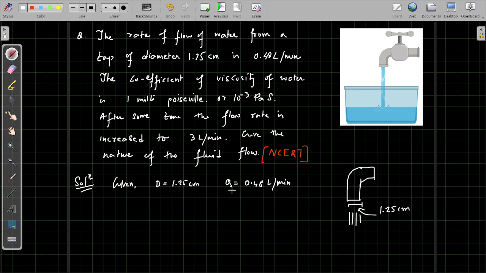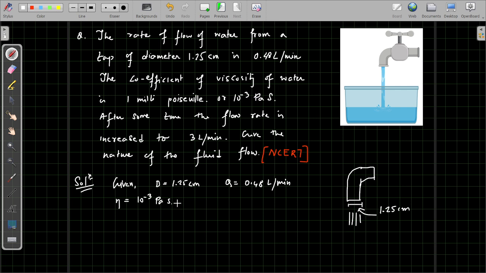Q will denote the rate of volume, volume flowing per unit time. And then what else is provided? Coefficient of viscosity is provided, that is this one, 10 to the power minus 3 Pascal second. This is for water, a constant.